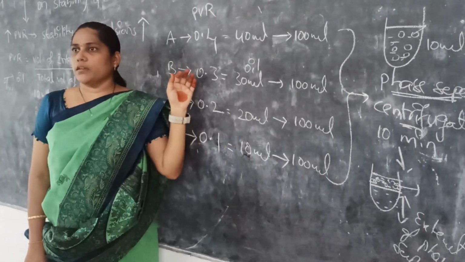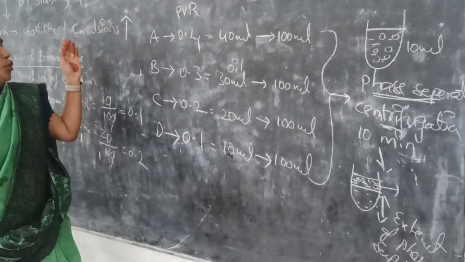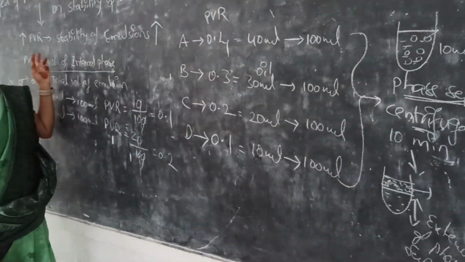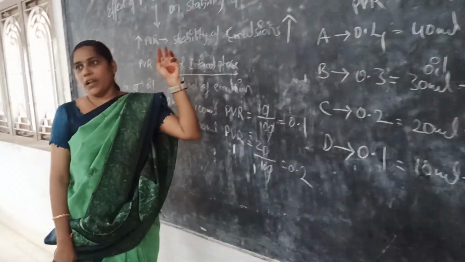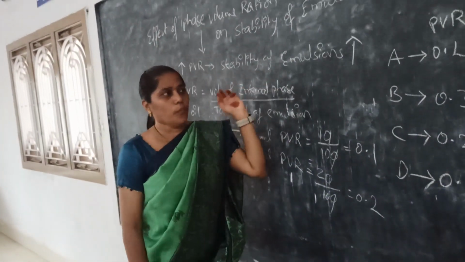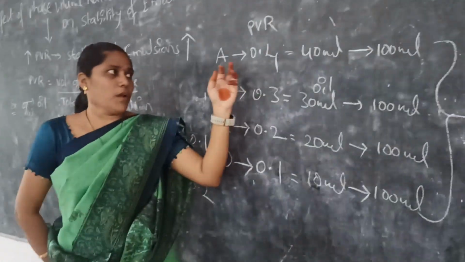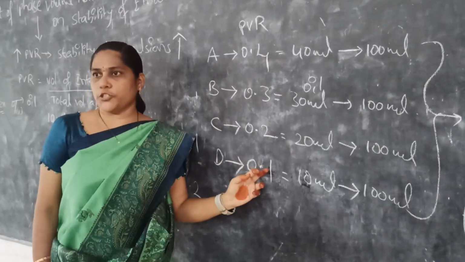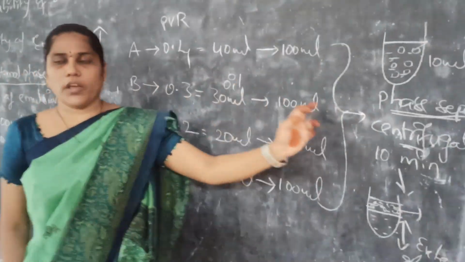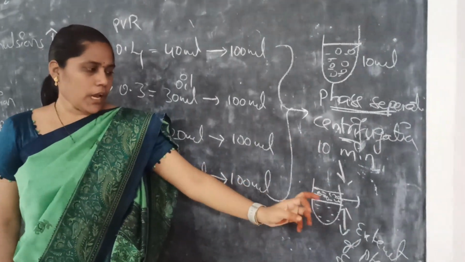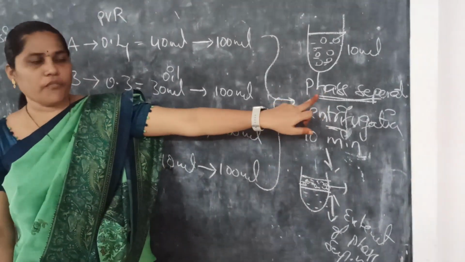So we have to prove that the stability of the emulsion is high. For that, we need to prepare the emulsions with 4 different phase volume ratios and subject them to centrifugation for 10 minutes. Then there is a possibility of phase separation.